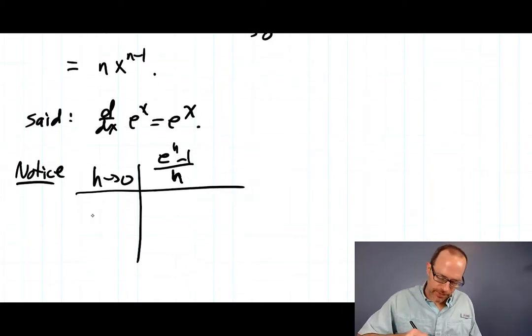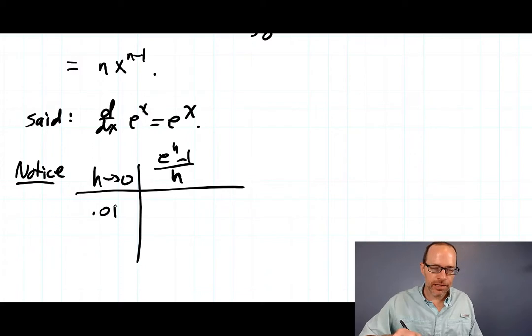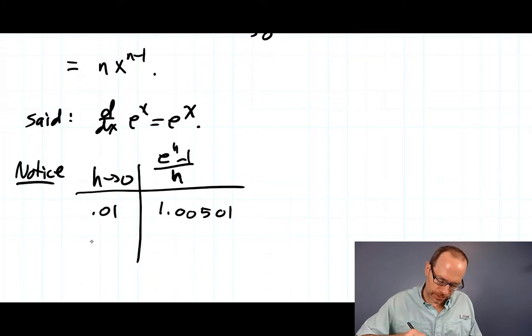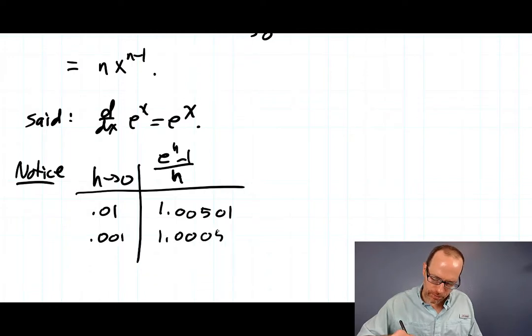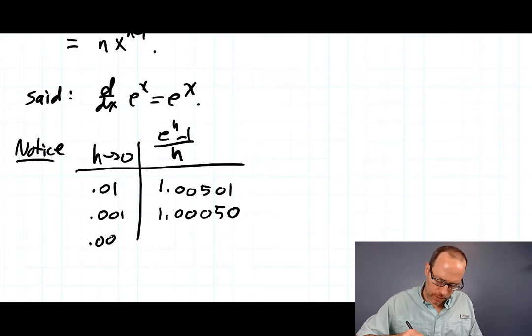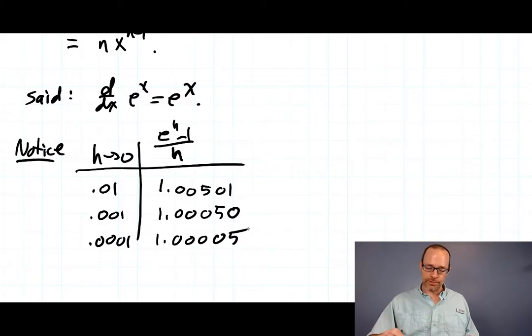So I've got some values here, 0.01. If I plug that in, I get 1.00501, and then more decimals. If I plug in 0.001, I get 1.00050. And if I plug in 0.0001, I get 1.00005 and more decimals.